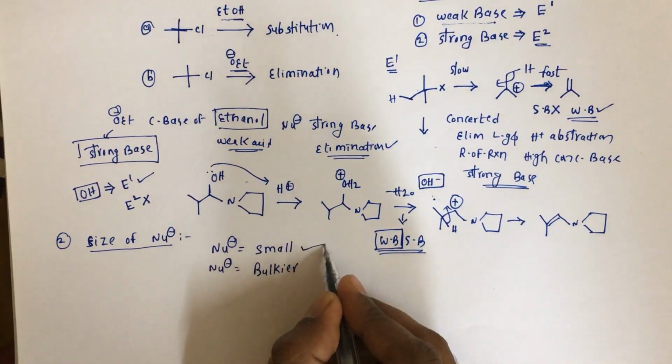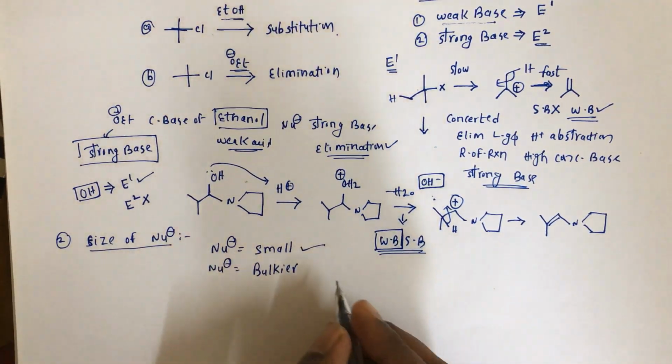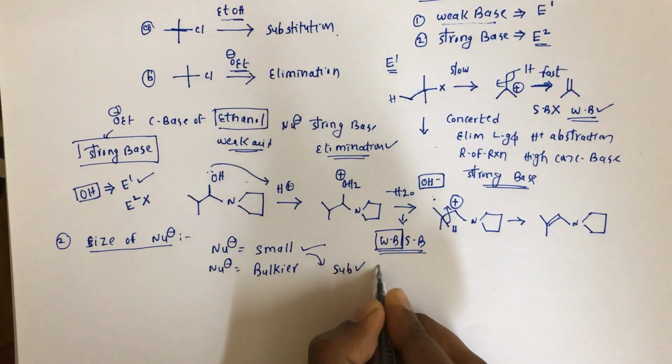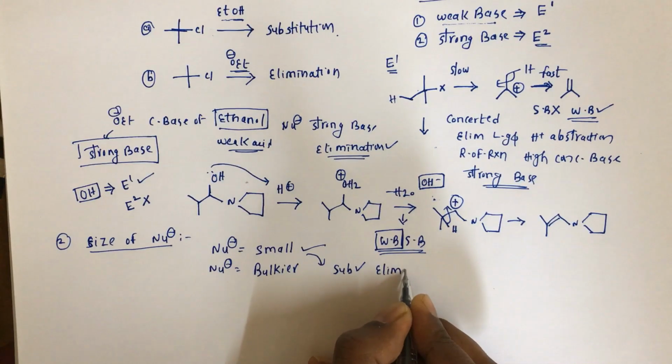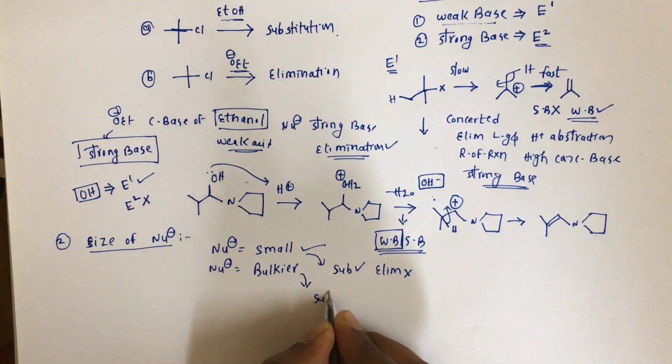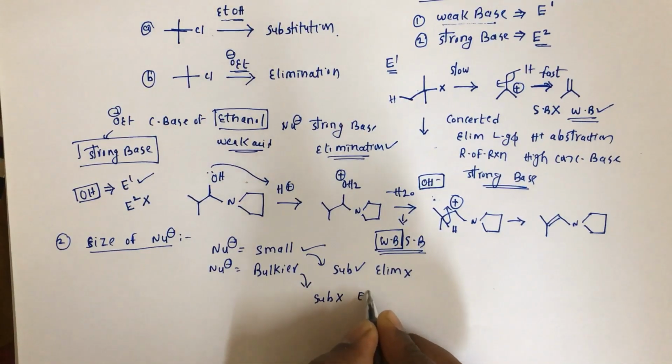If the nucleophile size is small, in that case substitution is favorable over elimination. If the nucleophile size is bulkier, in that case elimination is favorable over substitution.